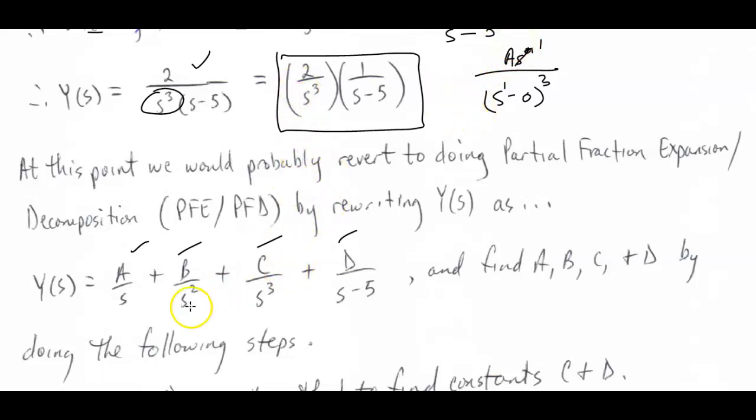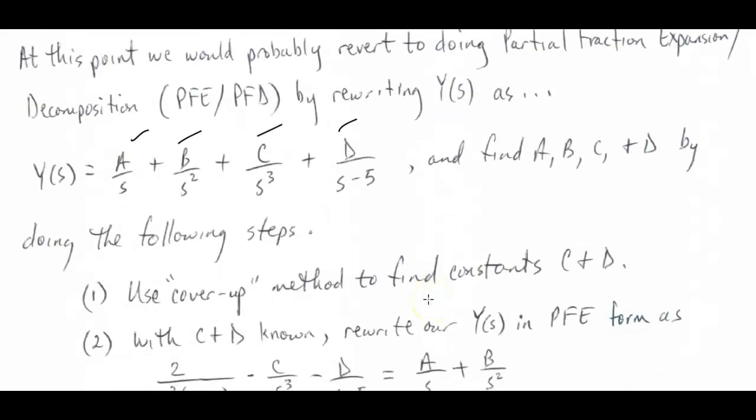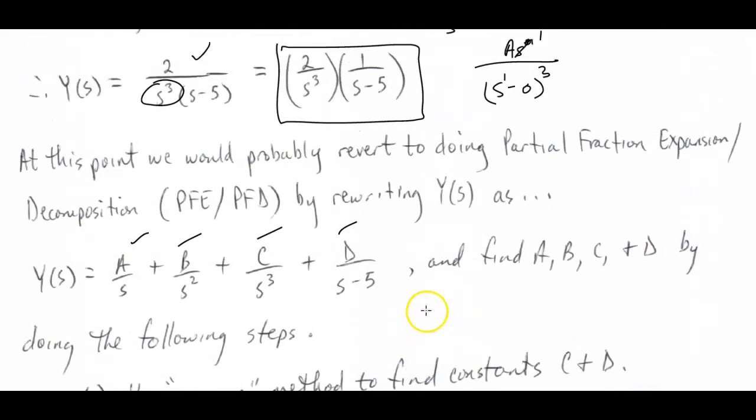And so we have to do that for everything from the lowest non-zero order, which is 1, on up to whatever the order is, which is 3 for this one. And then, of course, we do 1 for the denominator of s minus 5. So we go through the whole steps of finding all of these constants here.